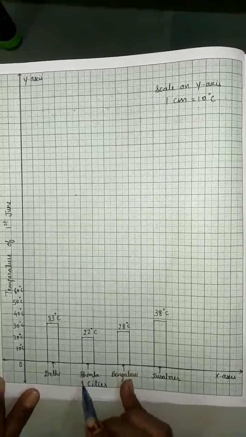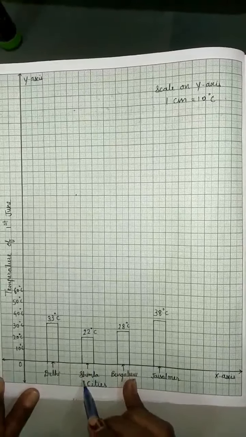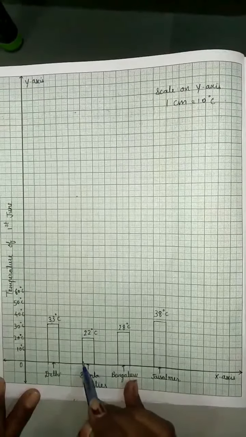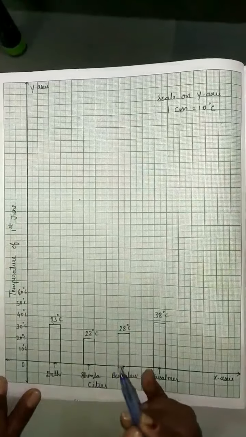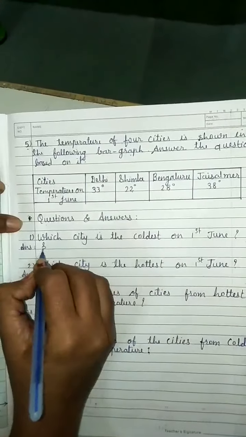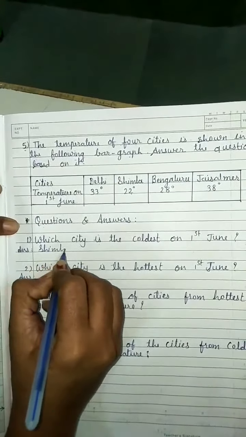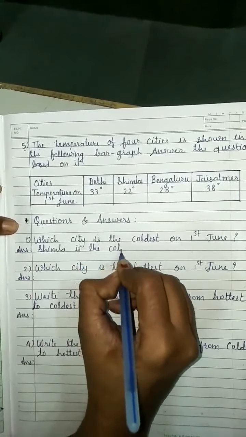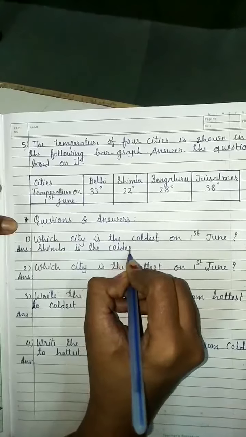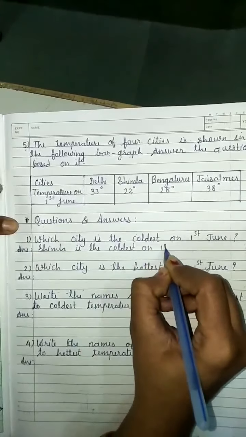Okay, coldest. So students, here we can see that Shimla is the coldest on 1st June. So let's write in our answer: Shimla is the coldest on 1st June.